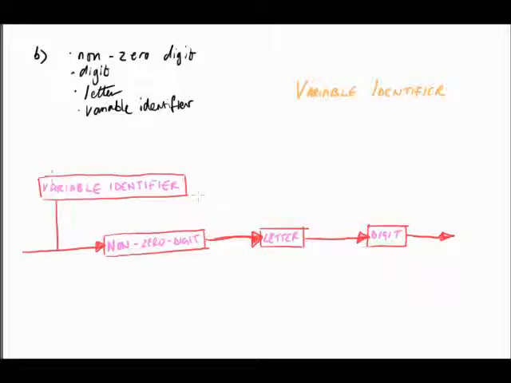So for our variable identifier, we can have a non-zero digit, remember, then a letter or group of letters. We've got to give the option for more than one letter, so that is going to be within the loop, this part. And finally we have to finish with a digit, so that's either a 0 or one of the non-zero digits, but we don't have to.